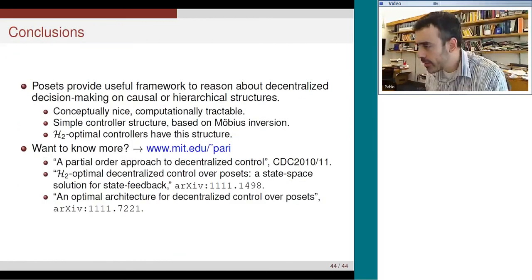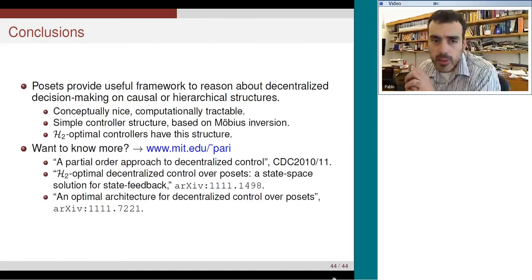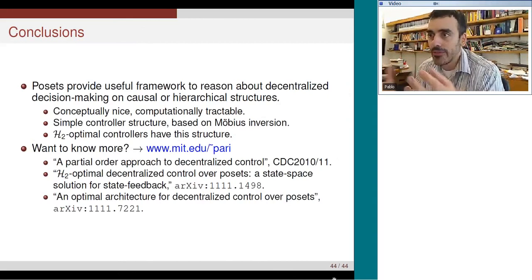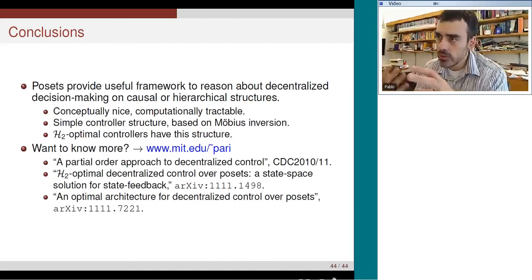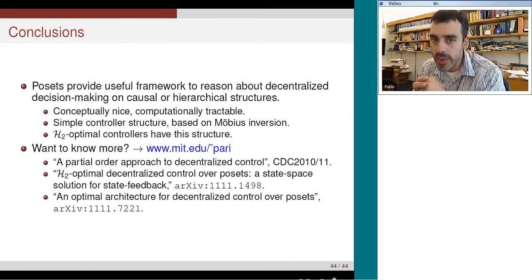So that's pretty much what I want to say. The point is that when we think about decentralized control in general, it's pretty much a nightmare. There's not really a lot of structure in this problem, but when we start putting in a few more assumptions or restrictions on the kinds of structures one may be interested in, then some things can be done.